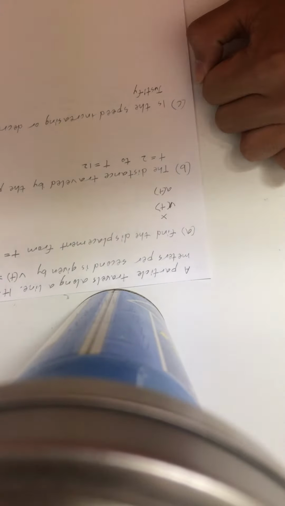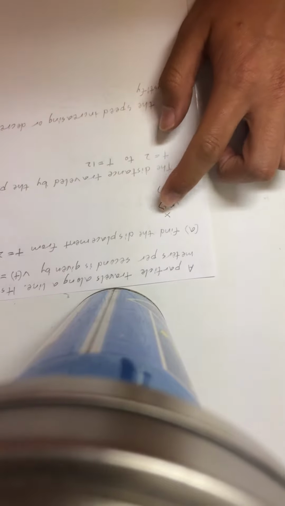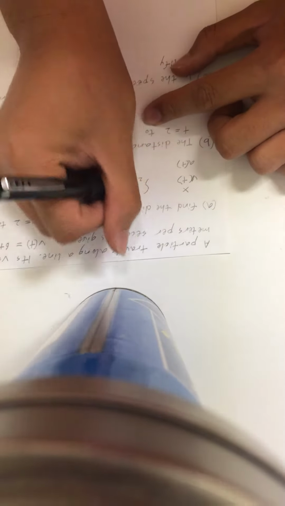So since we have v of t, in order to find the actual displacement, I'm going to do the integral of it, and the bounds would be from 2 to 12.